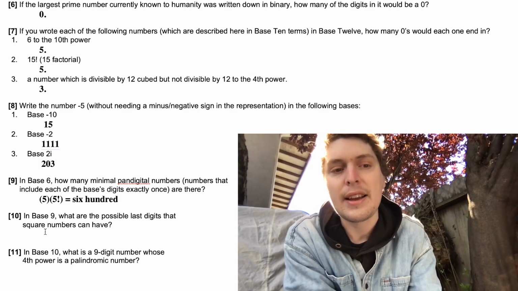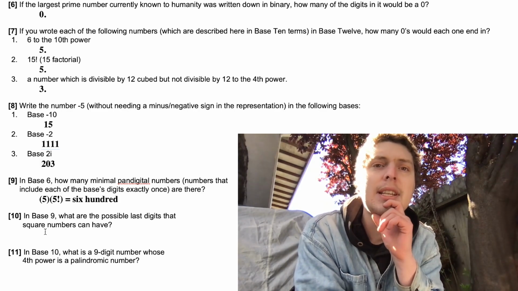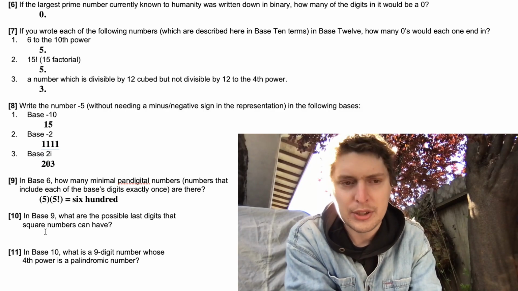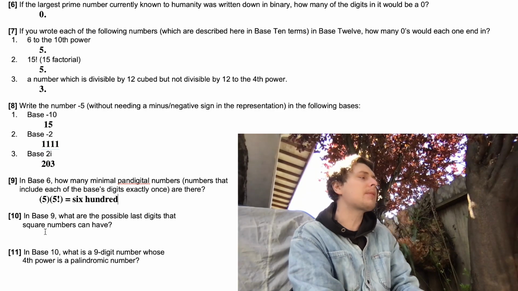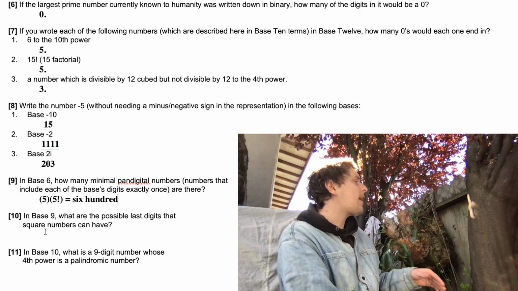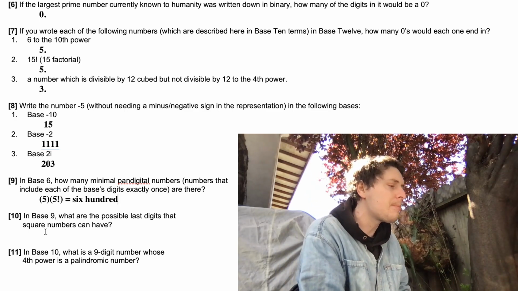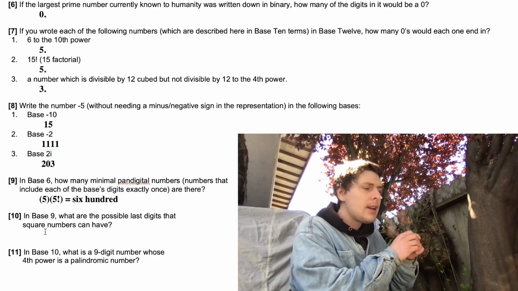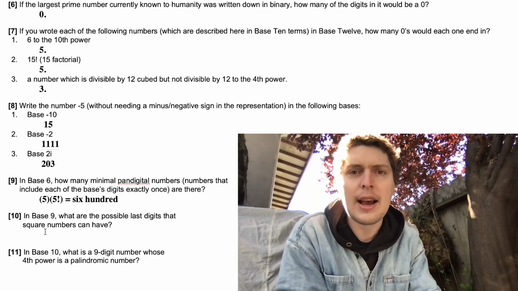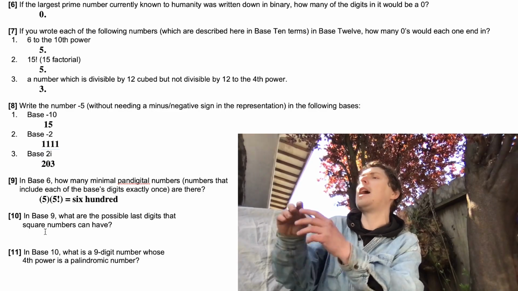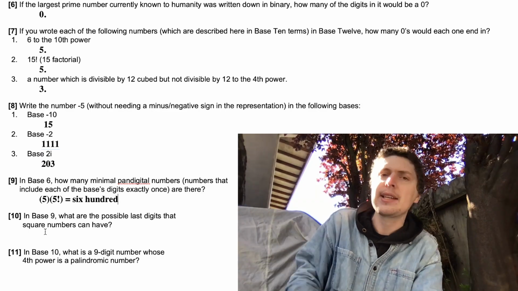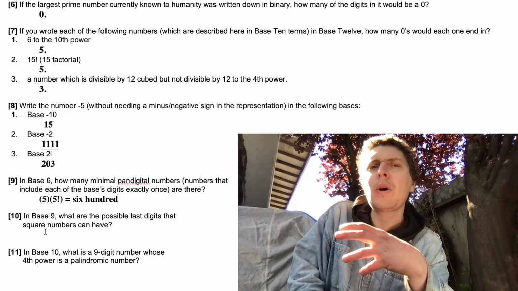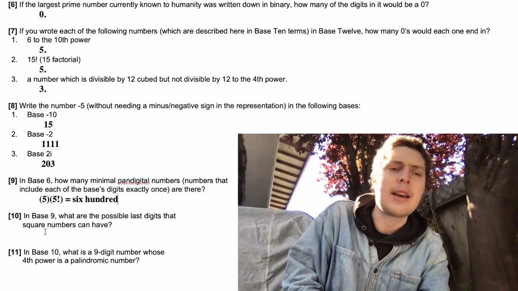Now, in base 9, what are the possible last digits that square numbers can have? This was something related to what I've discussed with modular tables, where we've looked at a modular system, a set of remainders numbers can have after division, very similar to the last digit they could have in a given base, and what happens when you multiply those or add them and such.